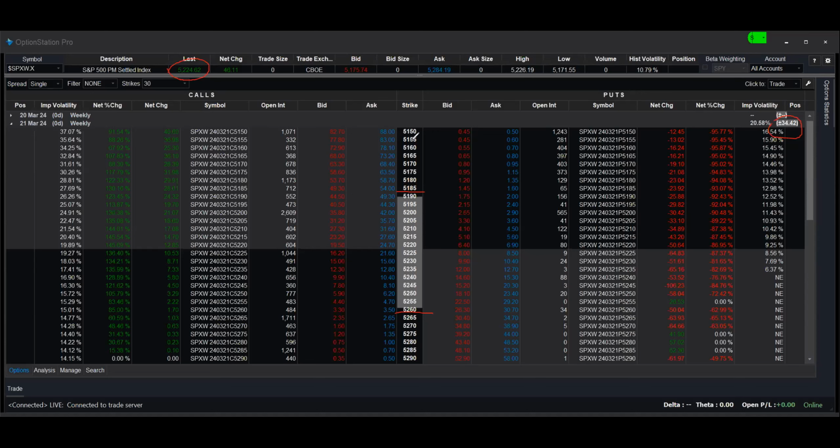Okay. Now that I have my implied volatility range for the next trading day, the next thing that I want to pay attention to is my open interest.